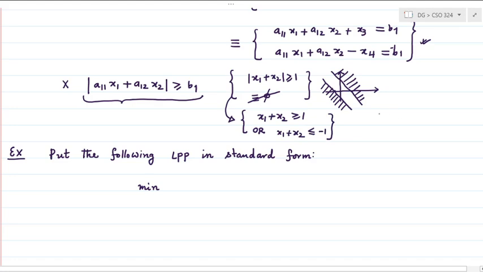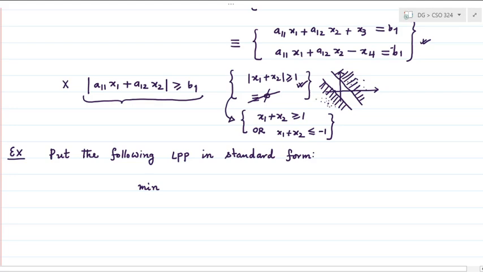Then your region of restriction will be either this or this, and this red region, this side or this side, is your set of points satisfying the inequality that the modulus of x1 plus x2 is greater than or equal to 1.